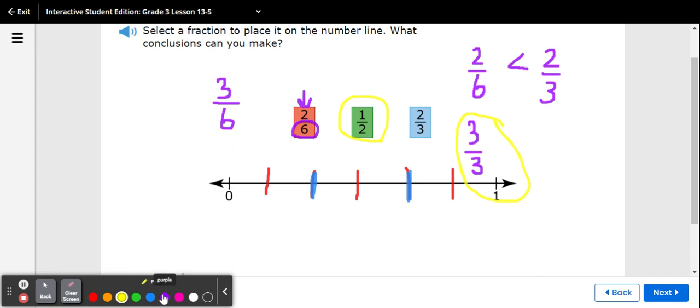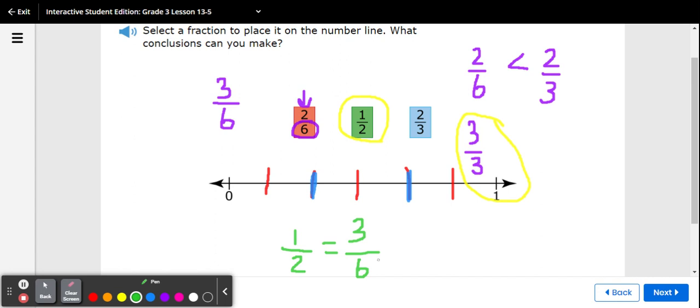And that gets us back to thinking about our equivalent fractions that we've talked about earlier, showing me that 1/2 is the same thing as 3/6, because having 3 of my 6 pieces would be having half. So looking at all these different things that we've talked about, fractions, different ways to compare them.